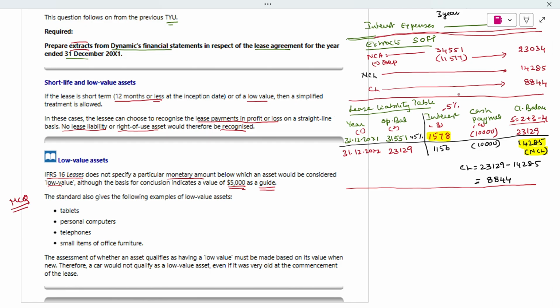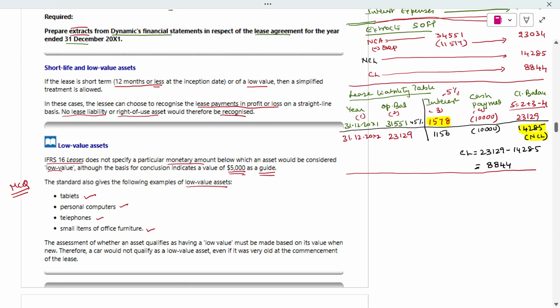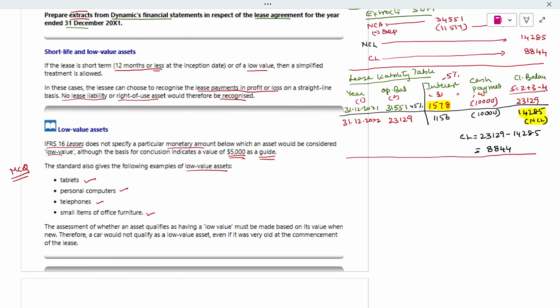But what are the examples of low valued assets? Tablets are there, computers are there, telephones are there, small items of office furniture. Here they have mentioned very clearly that the assessment of whether an asset qualifies as low value must be made on its value when it is purchased new.